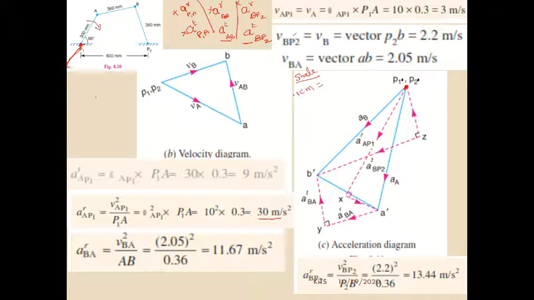I can scale it like 1 centimeter equal to 3 meter per second square. So if I have 30 meter per second square, here I have to draw a 10 centimeter line. First I am drawing a line parallel to AP1 in the downward direction from P1. Could you see this dotted line?